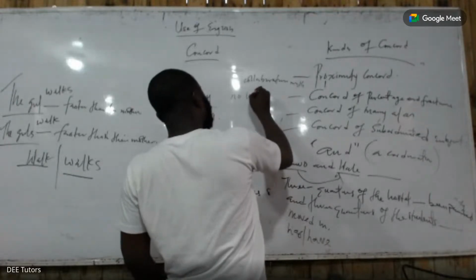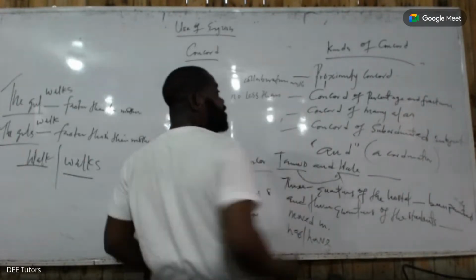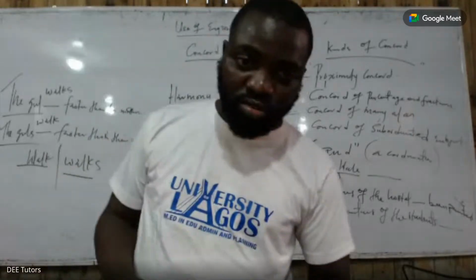All these are examples of subordinating conjunctions.